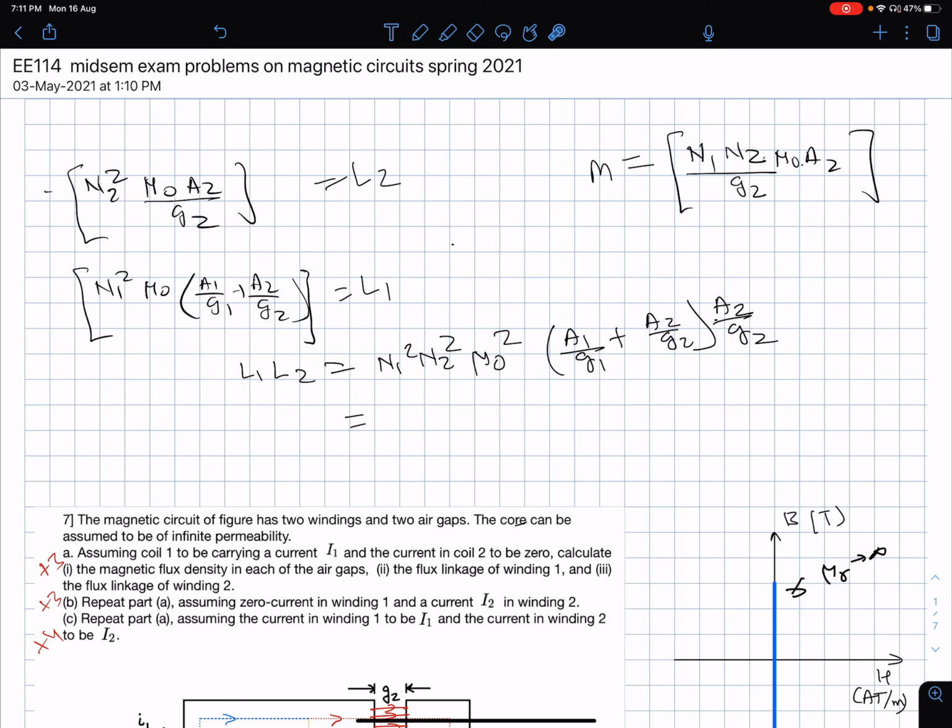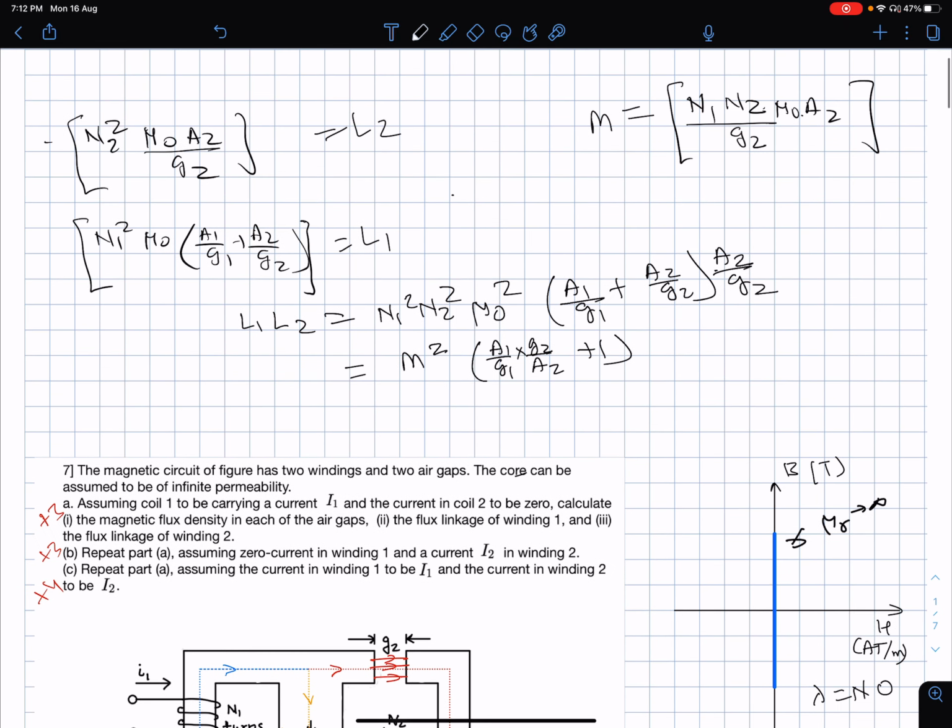So therefore, let's take this term common out. Then we'll get M square into A1 by G1 into G2 by A2 plus 1, and therefore M square will turn out to be 1 by 1 plus A1 G2 by A2 G1 times L1 L2.